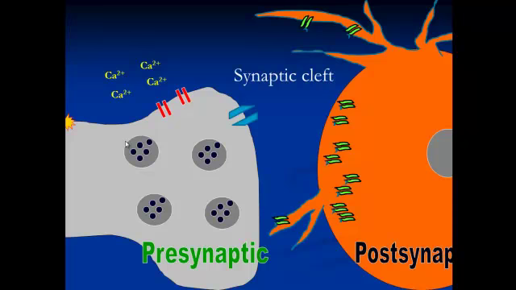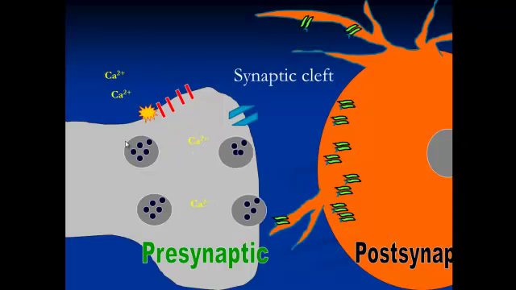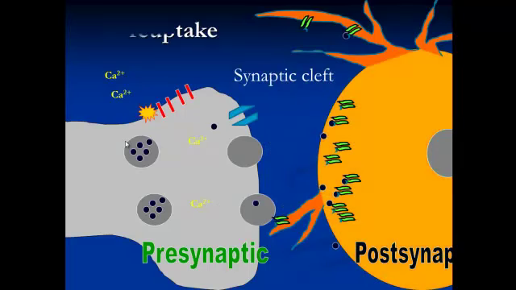One last thing you should know, because this is going to be important when we talk about, for example, depression, is that the action potential can come down, calcium comes in, neurotransmitters are released to the postsynaptic cell, but they can also come back in. They can also go through the presynaptic cell, and those are channels that pull neurotransmitters back in.